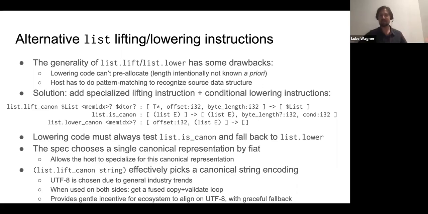But if you can't, it's not like you fall off a cliff. You have this fine way to lift whatever encoding you happen to have. But it's this general push to say, let's all, if we can, try to use this one canonical representation. Yeah, so it's a complicated design space trying to balance how to efficiently do strings, but this is a sort of compromise point that achieves a number of the objectives.